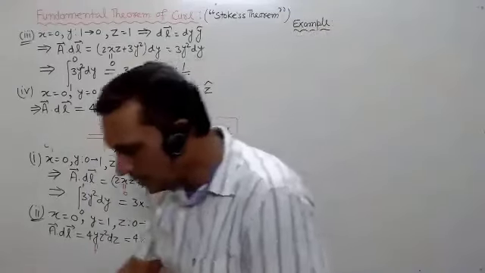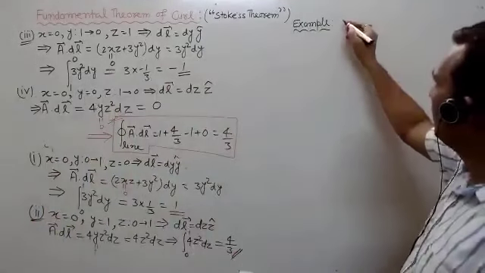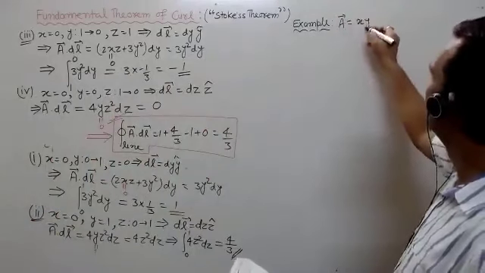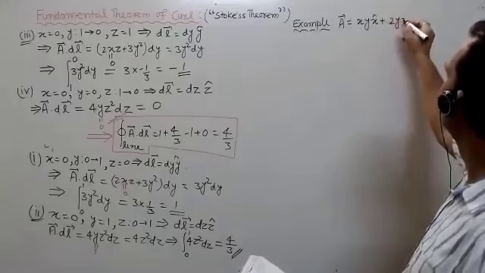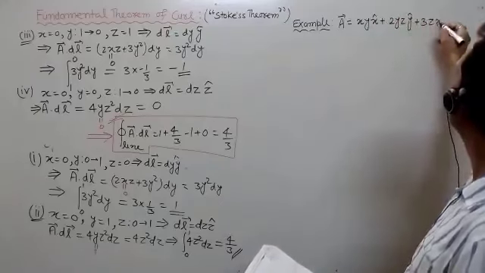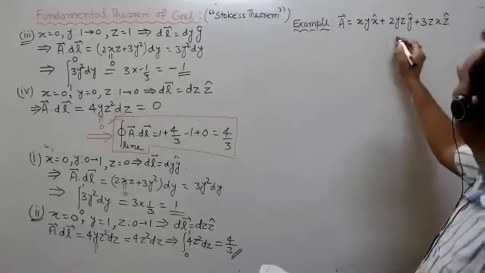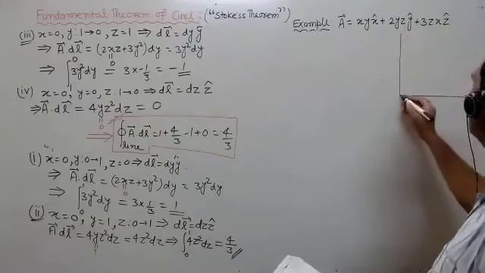So let us see the next example. Again, vector field A is given, that is xy x cap plus 2yz y cap plus 3zx z cap. Now you have a triangular surface.